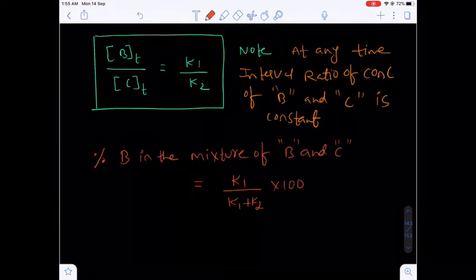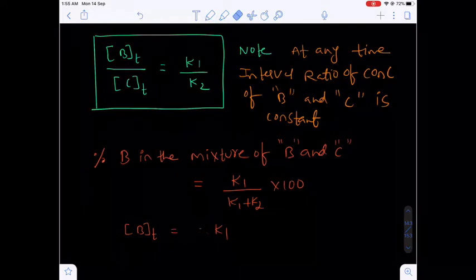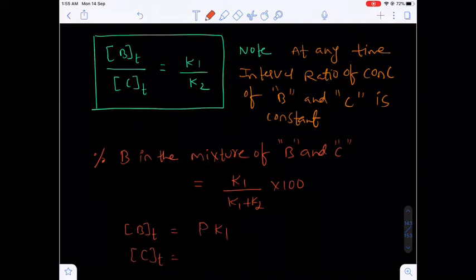Now suppose, what I am writing here, the concentration of product B at a certain time interval t, let's suppose I am taking some X times of K1, otherwise P times of K1, any constant parameter, and the concentration of C at a time interval t, let's suppose again P times of K2.